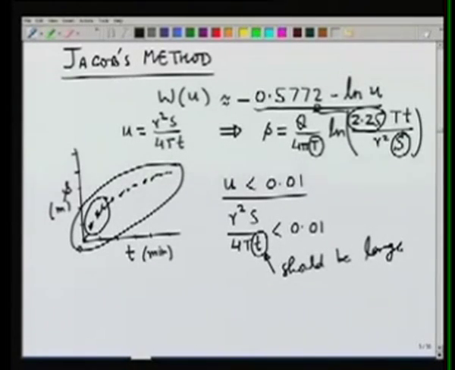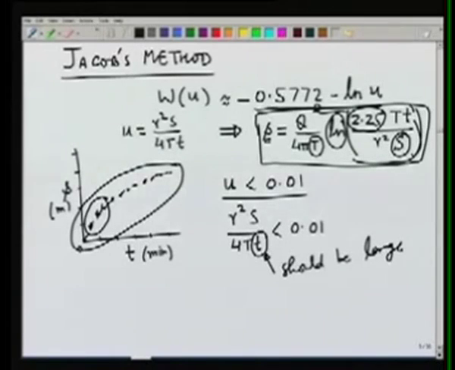So using this approximate equation, we see that S and natural log of t should fall on a straight line. So that is what we will plot.